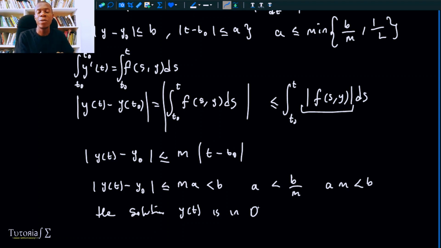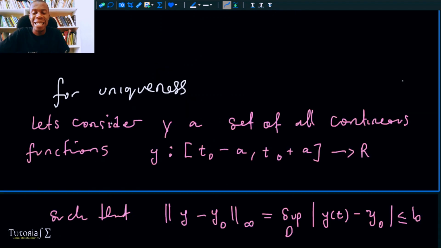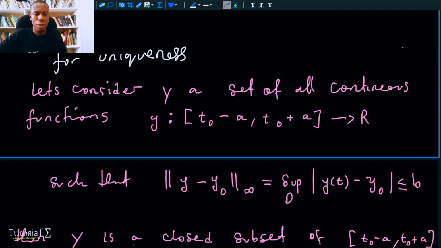Now we need to verify that the solution is unique. Let's consider capital Y, a set of all continuous functions y from t₀ minus a to t₀ plus a, mapping onto the real numbers, such that the maximum of the distance between y and y₀ is less than b.